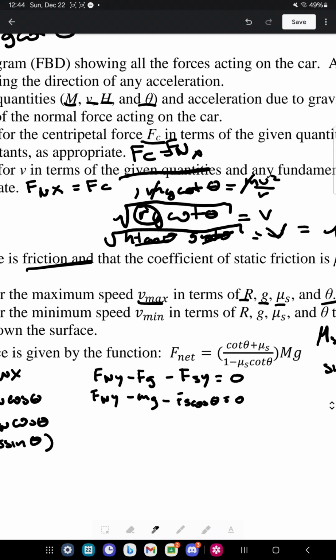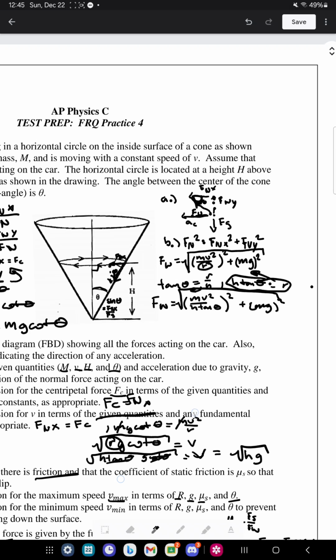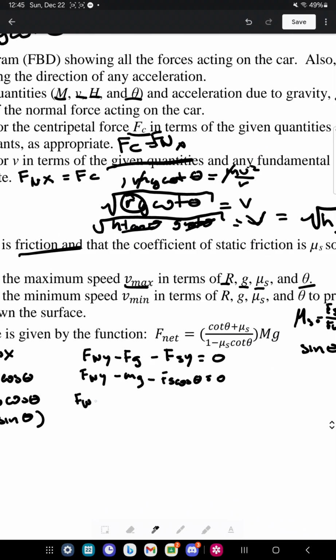I can also split F of n y into F of n and see the angles there, so that is F of n sine theta minus mg minus, I can split this into mu s times F of n times cosine theta.